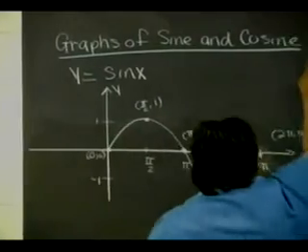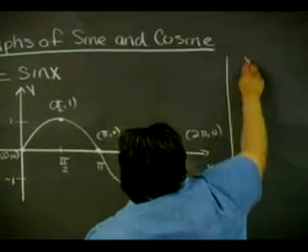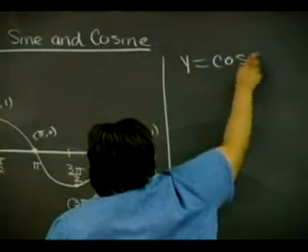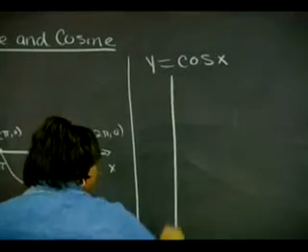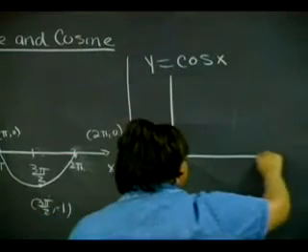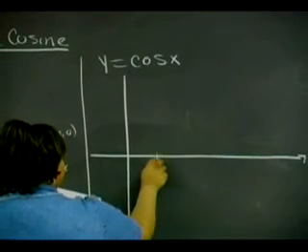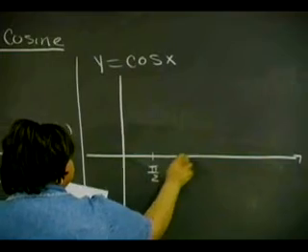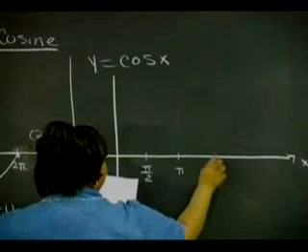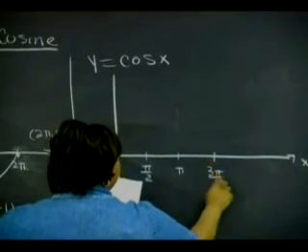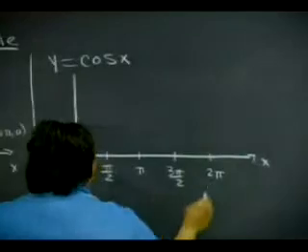Let's look at y equals cosine x. And we're going to look at 0, pi over 2, pi, 3 pi over 2, and 2 pi.